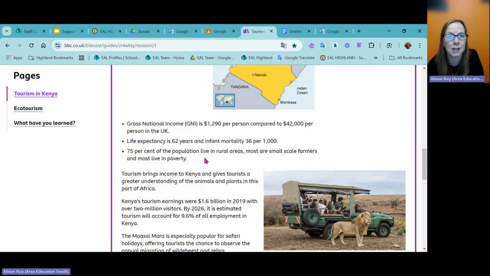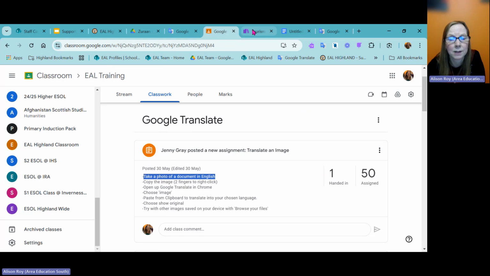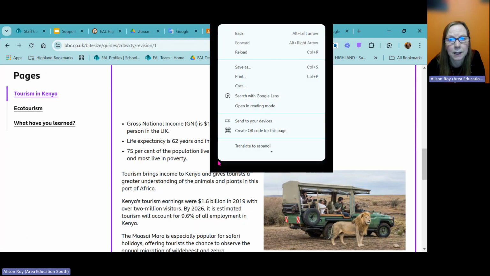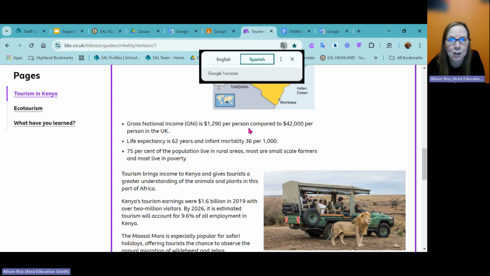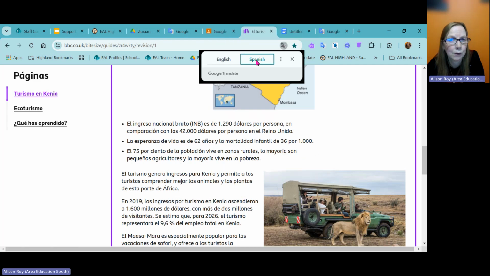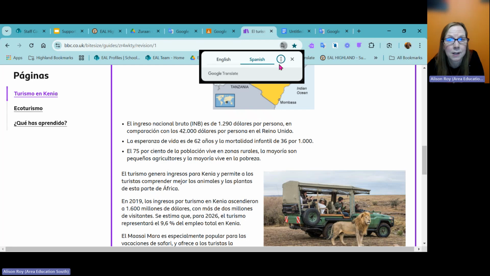If the student feels they need to translate the whole website, they either can cut and paste the website address up here back into the Google Translate website, or a quicker way, going back to the website, is they can right click and it says translate to Spanish, which I've got it set to. But if you don't want to translate into Spanish, you can go here, choose another language, and you can change from Spanish, or you can leave it as Spanish and translate.